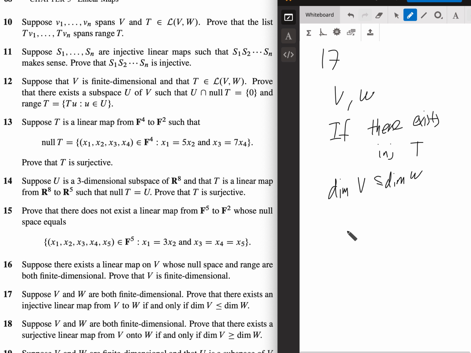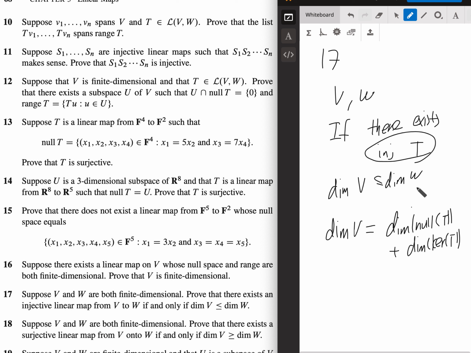And once again, you want to use the fundamental theorem of linear maps, you guessed it. Okay, so the dimension of V is equal to the dimension of the null space of T plus the dimension of the range of T. I'll be careful around here.